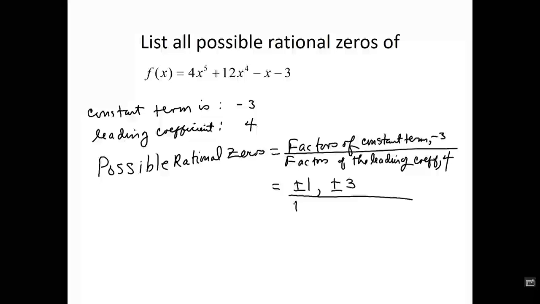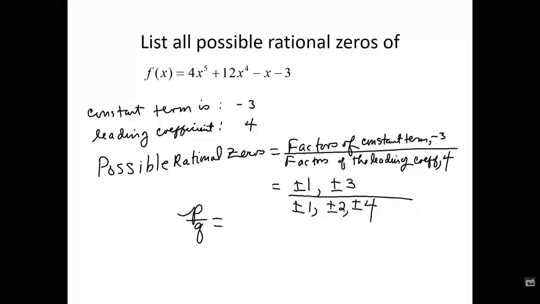They are plus or minus 1, plus or minus 2, and plus or minus 4. So we're going to do this division, so we're going to divide 1 by each of the terms in the denominator as well as 3.